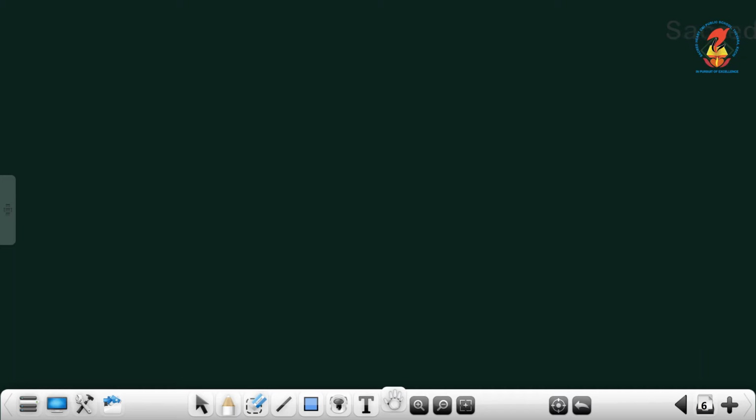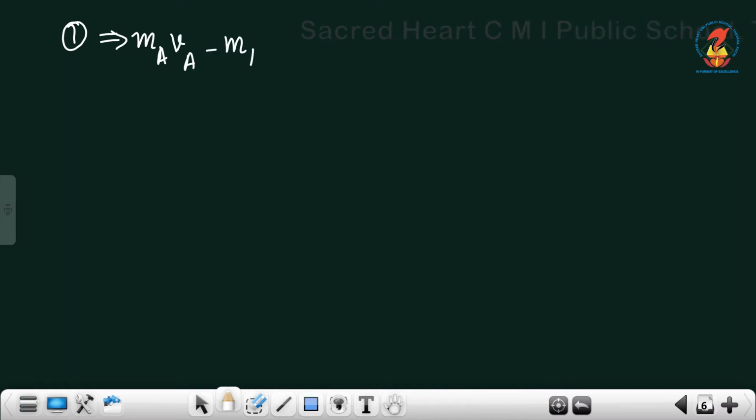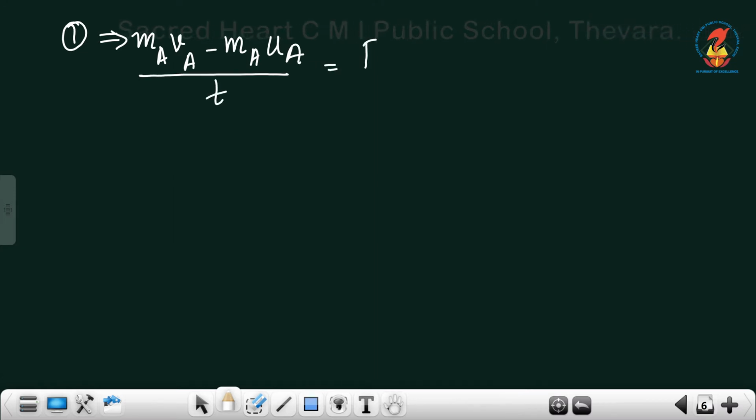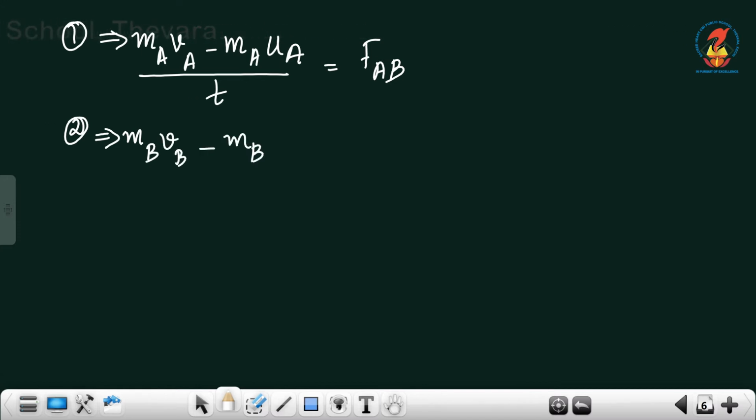So equation 1 is MAVA minus MAUA by T is equal to FAB, and equation 2 is MBVB minus MBUB by T is equal to FBA.